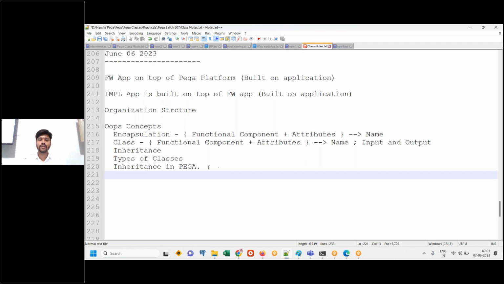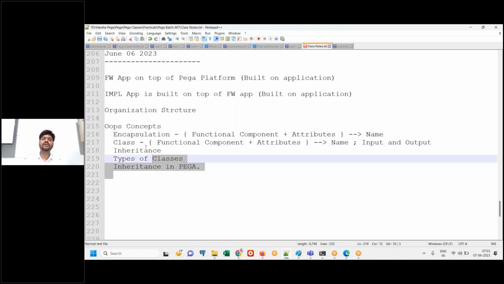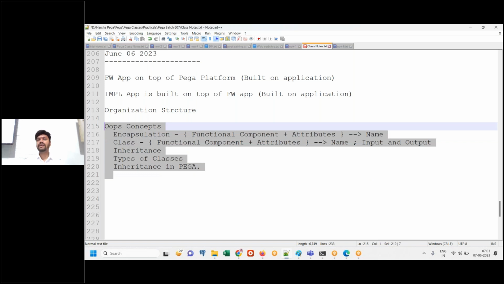So knowing about OOPS concepts, whether here or when you're learning Java, C# anywhere, the topic to learn is very easy. But when it comes to practical, when to apply, how to apply, where to apply, it will be highly difficult for people.